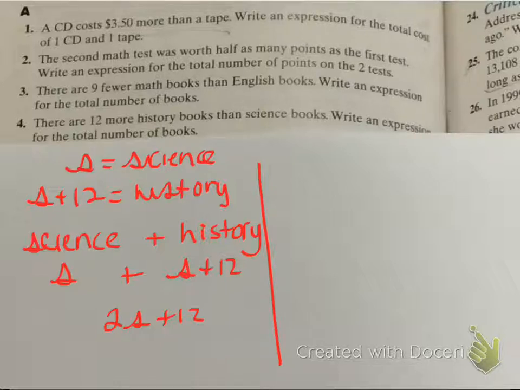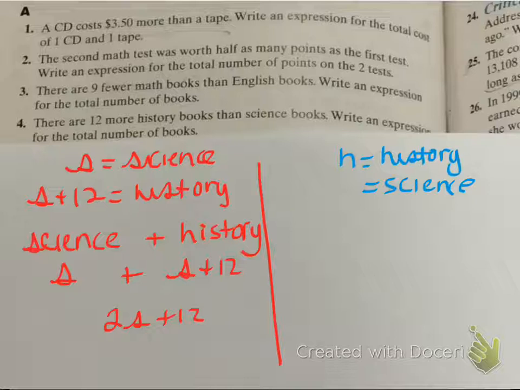Now, some of you may have done this in terms of H. Did anybody? What if we said H stands for history? And then how would I show the science books? Caleb: Minus 12. H minus 12.